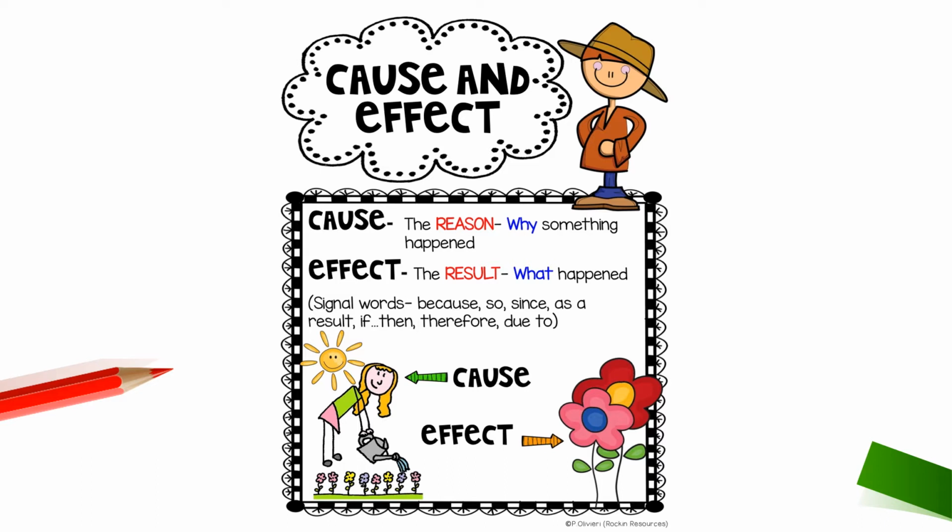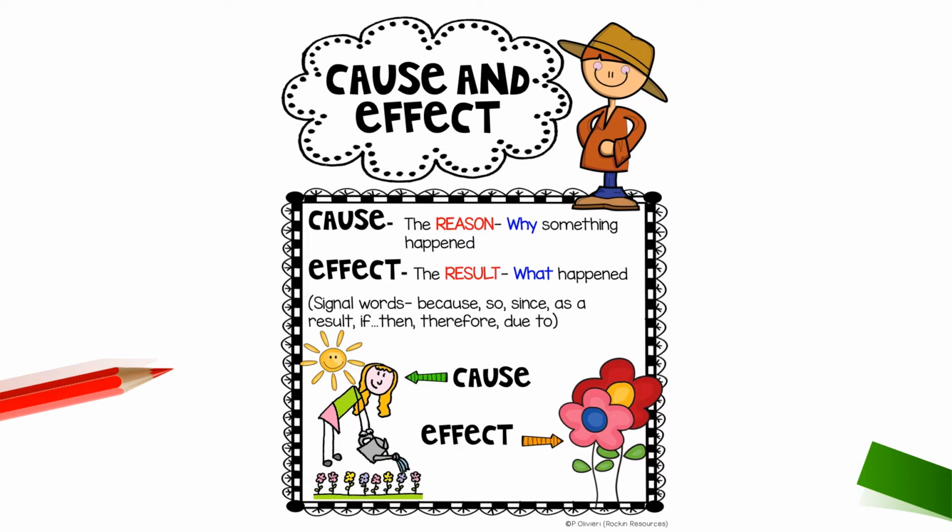There are signal words like because, so, since, as a result, if, then, therefore, due to. Here you see, oh goodness, I'm going to be doing what she's doing. She's watering her plants, her flowers.